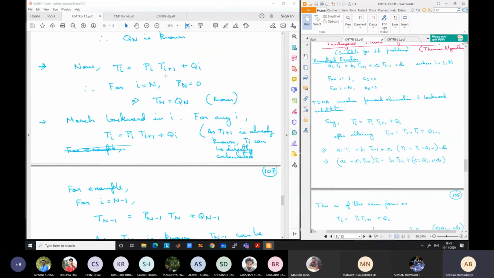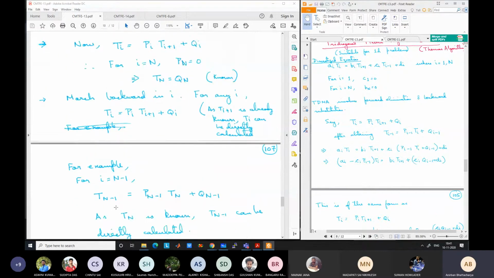If Tn is known, then for Tn minus 1 what will you do? Tn minus 1 is equal to Pn minus 1 Tn plus Qn minus 1. Are Pn minus 1 and Qn minus 1 known? All the coefficients are known from our forward marching, and Tn is also known, so we can get Tn minus 1.